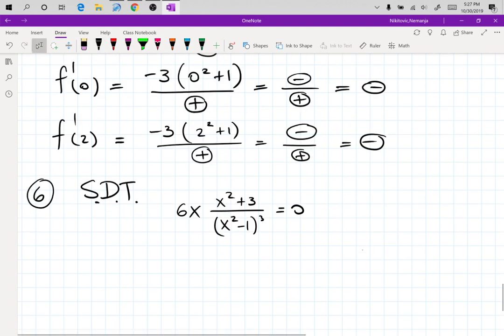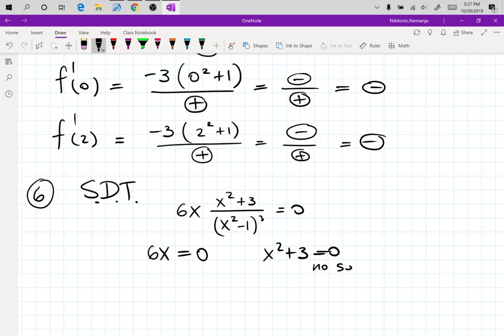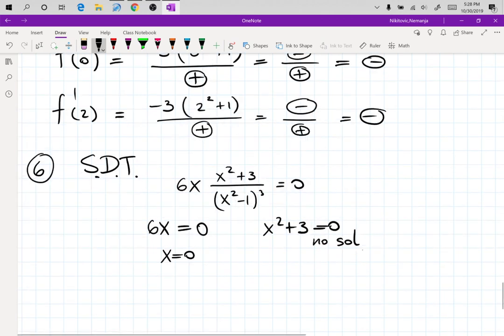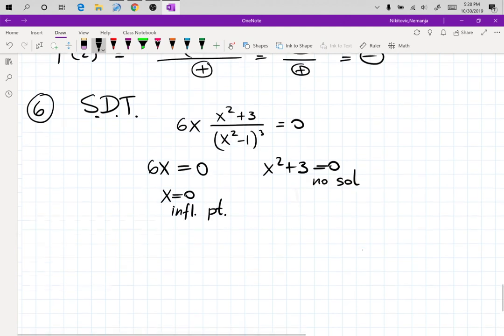So we have 6x equal to 0, and we have x squared plus 3 equal to 0, which has no solution because you would have x squared equal negative 3. So we now have x equals 0, which is an inflection point. This is what we just learned about inflection points.